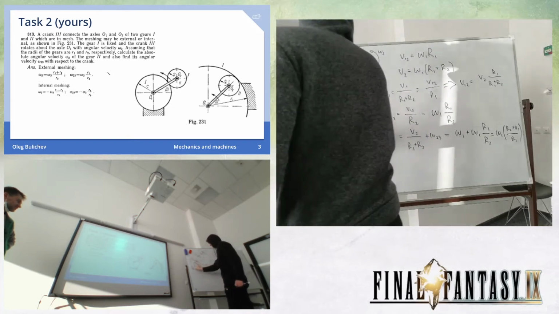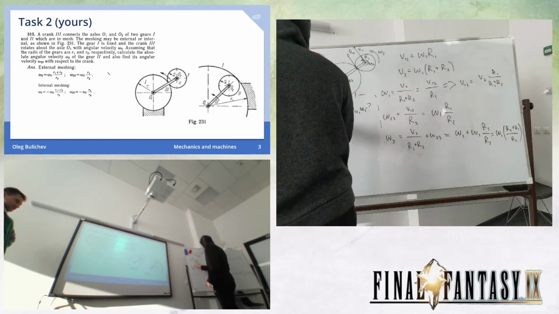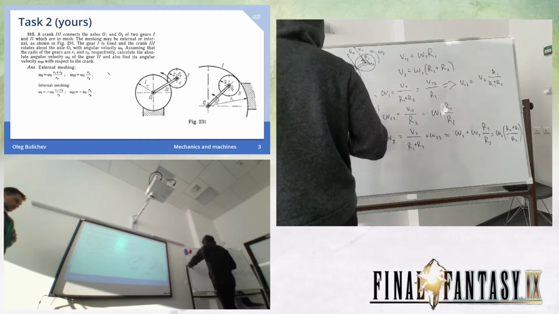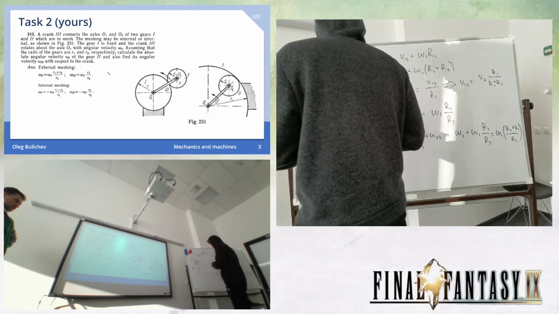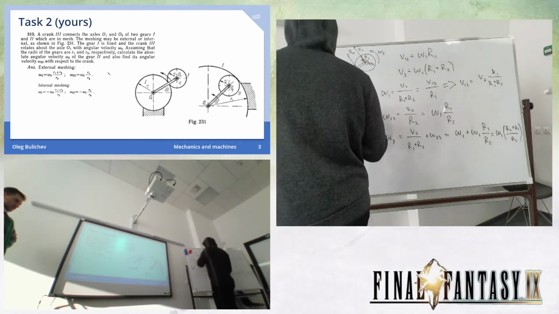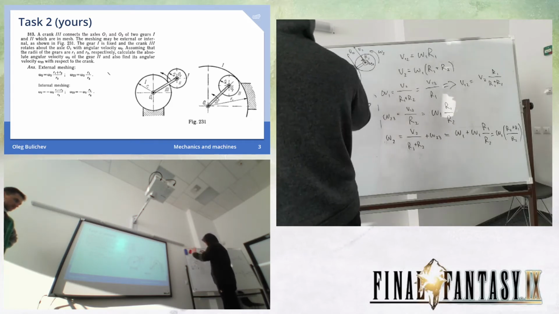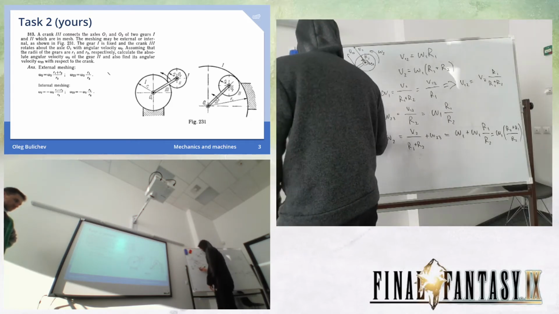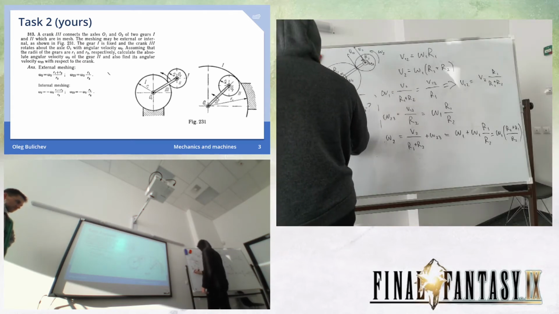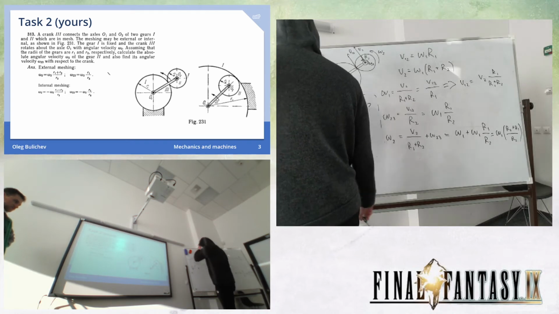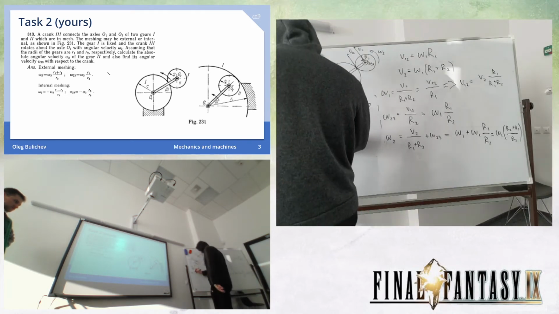We fix this crank, and our big gear now rotates around. We fix the big gear, and it rotates around the small gear, because the small gear now does not move relative to the big gear. So we have this.